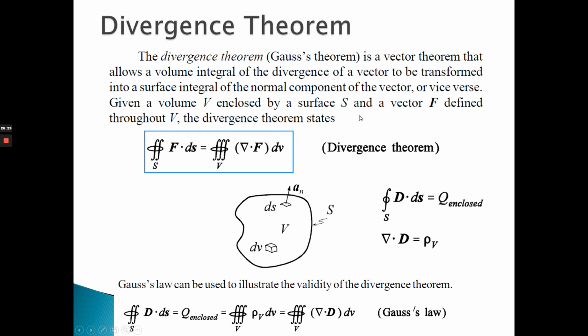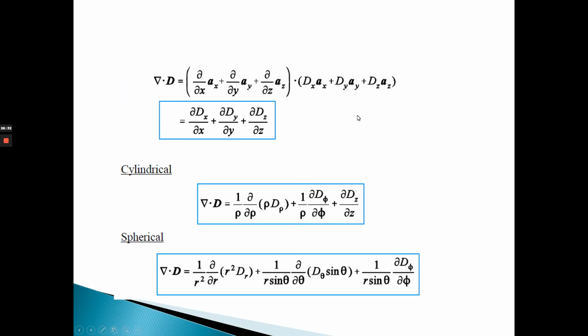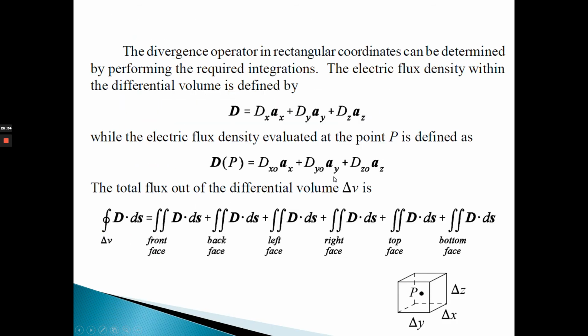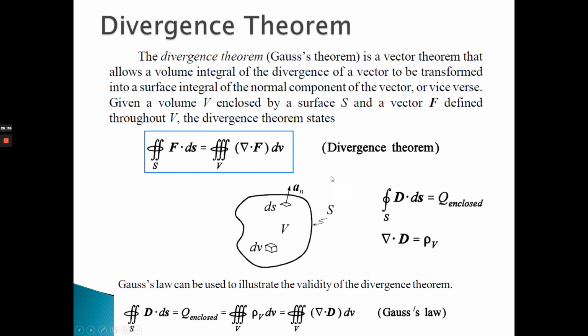This is what we have learned so far, called the divergence theorem. The divergence theorem says that if there is an enclosed surface, then the volume integration and the surface integration will give you the same result. Means if we try to find some charges, it will give you the same amount of charges.